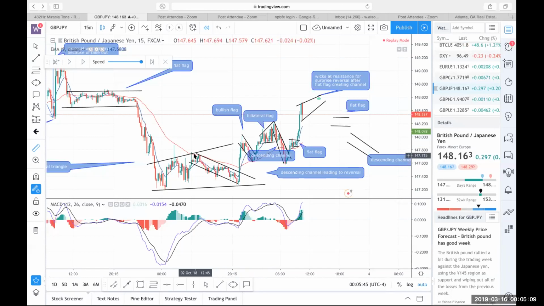But if you see here, this made a descending channel, which is a reversal pattern, around about halfway to the end of the flag, which led to the impulse up. Doesn't the flag on the expanding open up to a 61.8? Yes, it actually does. It's a lot wider than a bilateral.